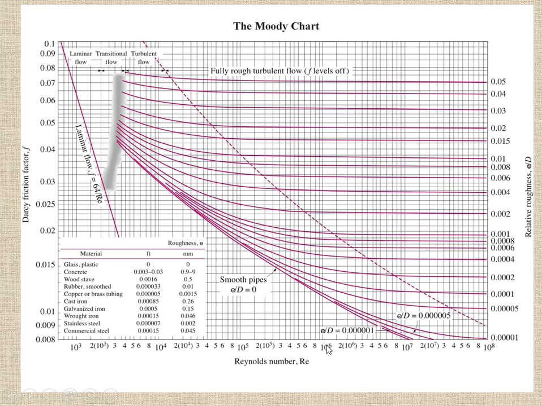If it is 10 raised to power 6, come straight up, and if it is 0.002, you intersect this line and then draw a horizontal line to this side. This would be the value of the friction factor you can calculate by using this chart.